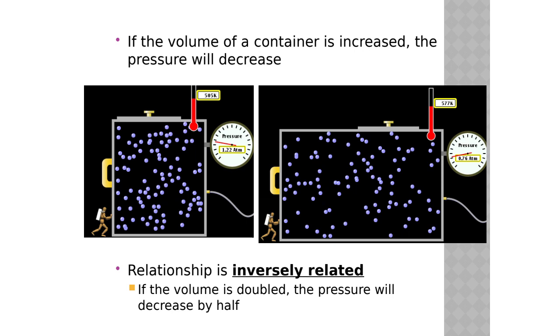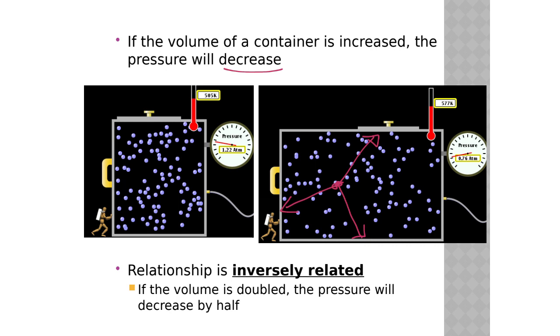If you increase the size of your container, you increase your volume, now your gas particles have way farther to travel in order to exert a force on the sides of that container. Because they won't exert as much force over a given amount of time, the pressure is going to decrease.